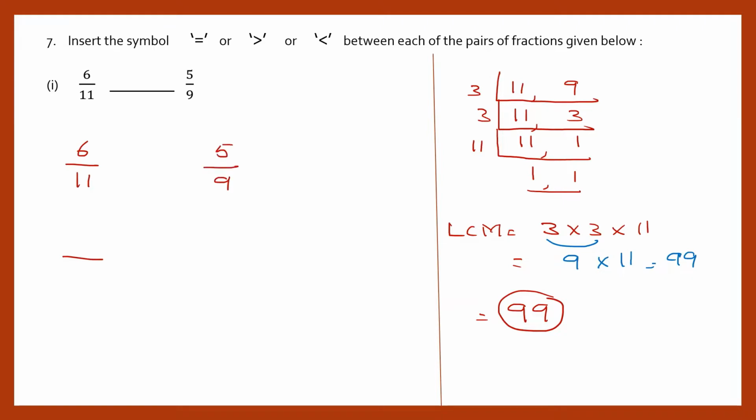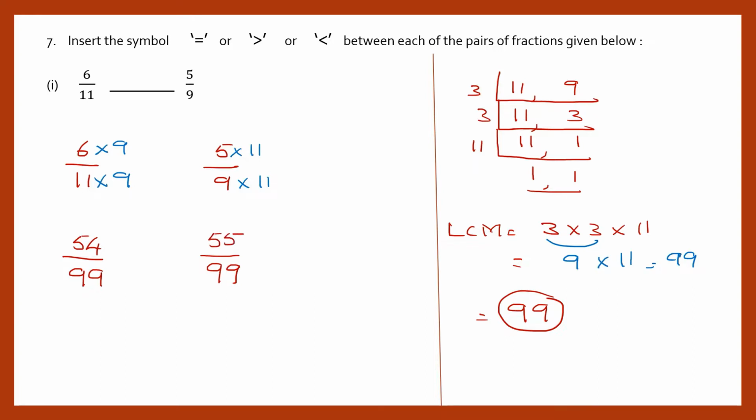They both have the denominator 99 now. 11 nines are 99, so 6 nines will be 54. 9 elevens are 99, so 5 elevens are 55.